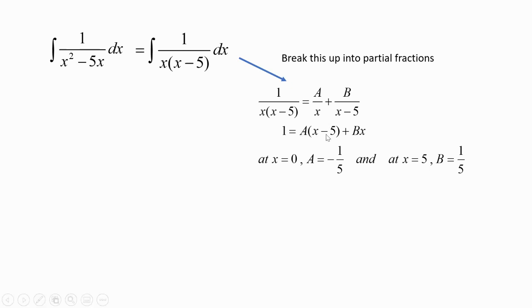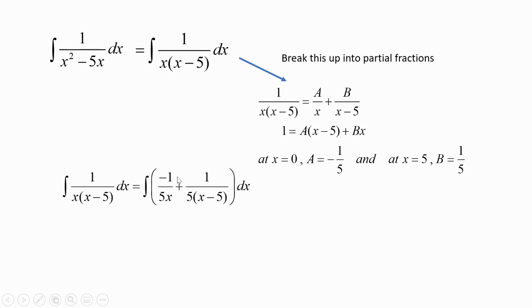So this is a(x - 5) + bx = 1. And you can solve for a and you can solve for b. Okay. So what you've got then is what this is, and they're going to then ask you to find the integral. So we've got minus 1 over 5x plus 1 over 5(x - 5). Both of them have got an x to the 1, a linear at the bottom, which means that this is pretty easy to find the integral of.